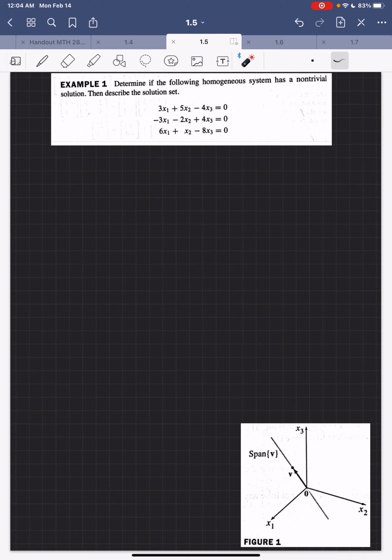Now, we want to determine if this system has a non-trivial solution. Once we do determine that, then we want to describe it. But for right now, how do we determine if it has a non-trivial solution? Well, I've already mentioned this. The real question that you are asking yourself is, are there any free variables?